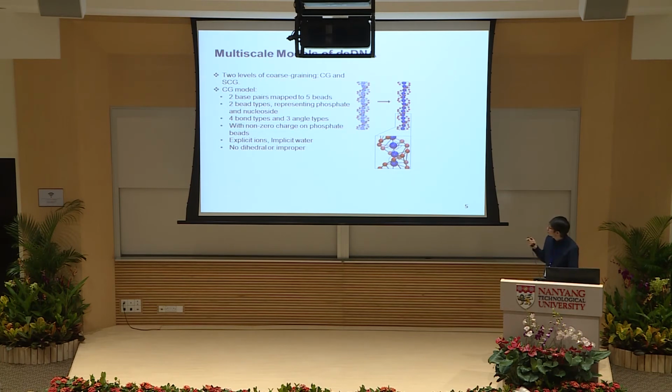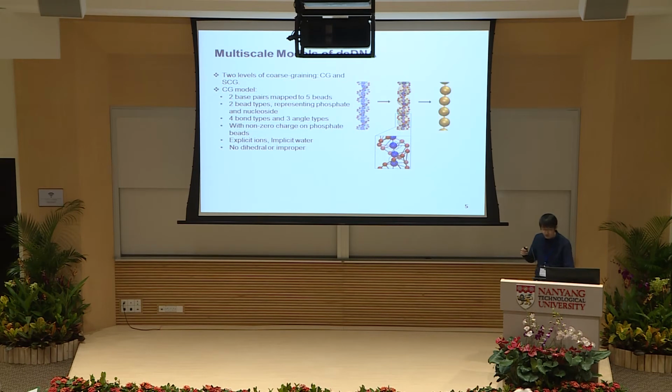We have no charge at the central bead of DNA, but we do have charge on these phosphate groups. This model was designed for simulation together with explicit ions and implicit water.